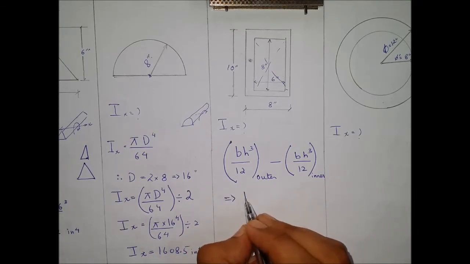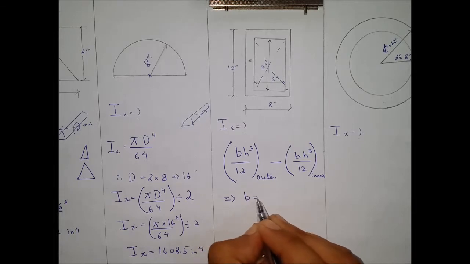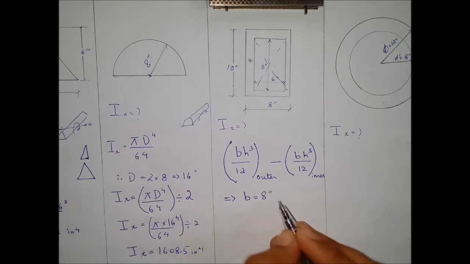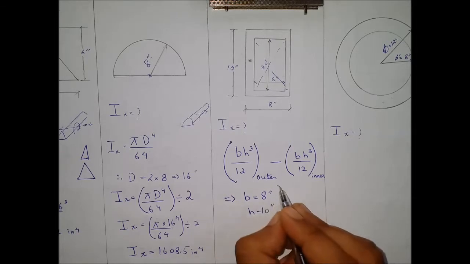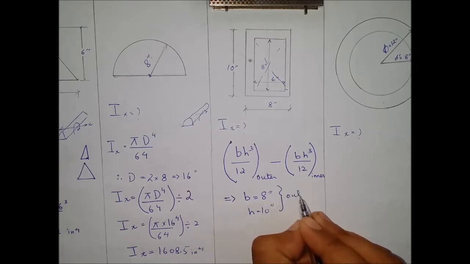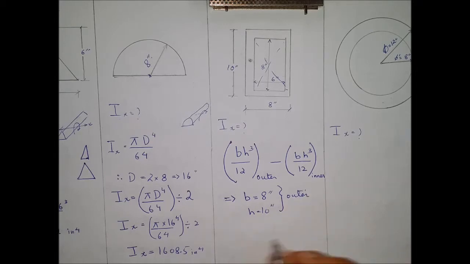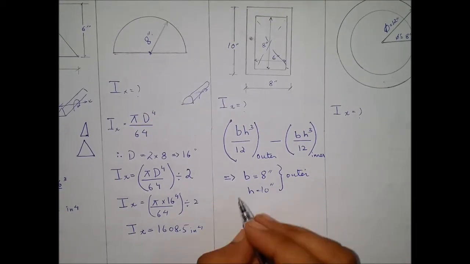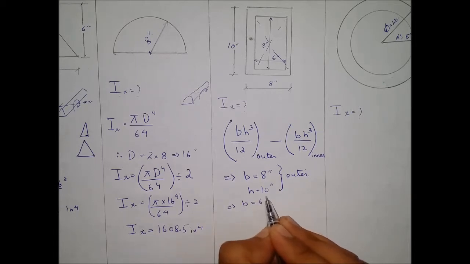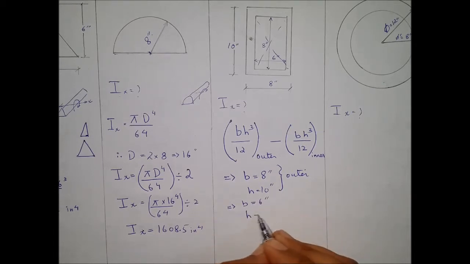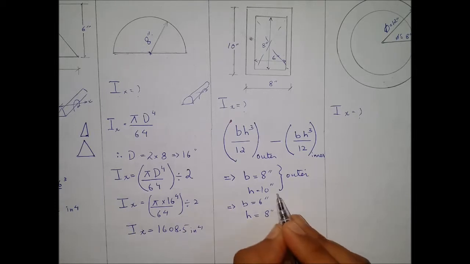We know that the outer base is 8 inch and the outer height is 10 inch. For the inner, the base is 6 inch and the height is 8 inch.